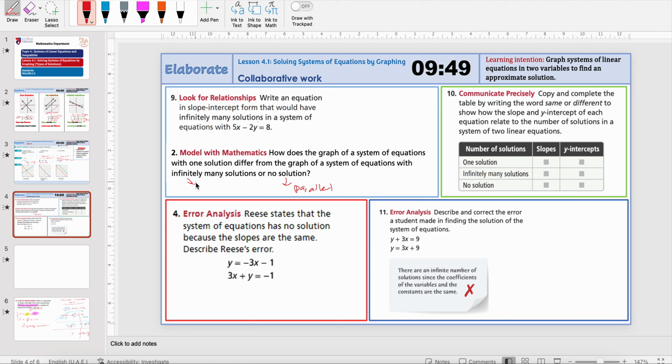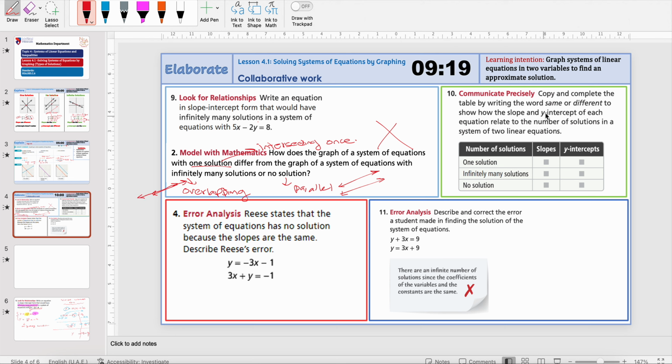Infinitely many solutions, they are overlapping, literally in the same location. And one solution, they are intersecting.